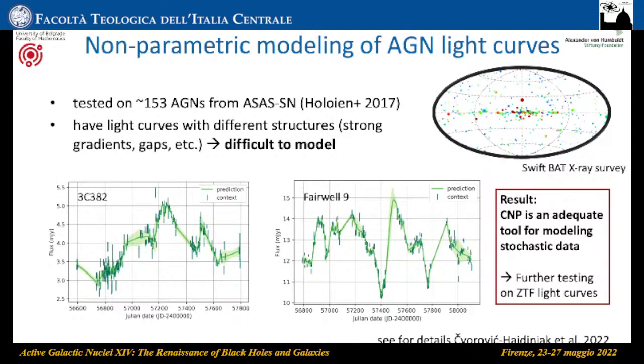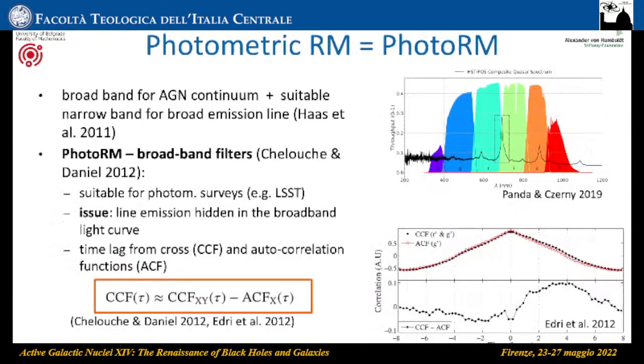The second part of this project was focused on the tools to test and develop more the photometric reverberation mapping, a formalism developed by Chelouche and Daniel, a very nice way to extract the information from the photometric light curves.